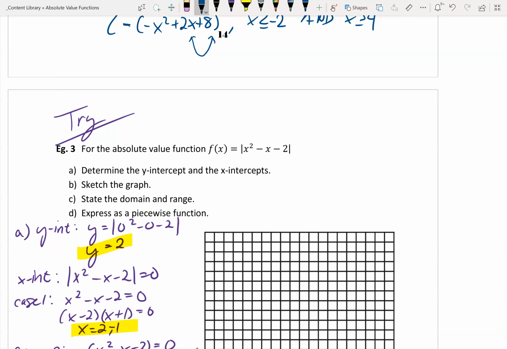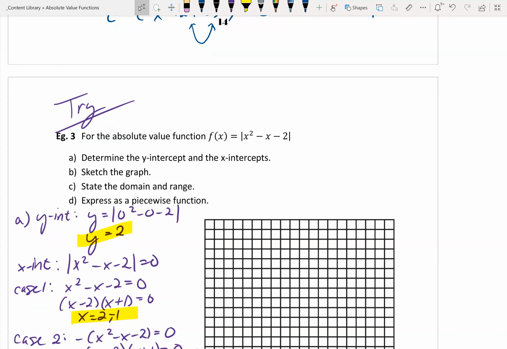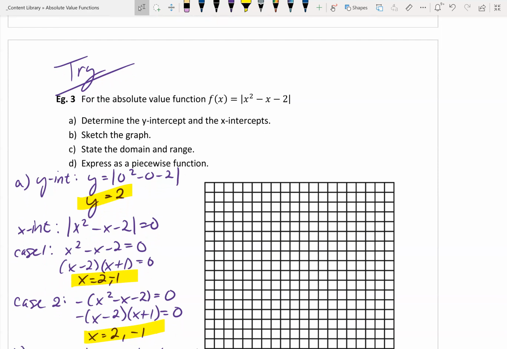Then for our x-intercept, we're going to set x squared minus x minus 2 to 0, and also the second case where we have a negative in the front, we set that to 0 as well. Then we want to factor, and we would find that our x-intercept is 2 and negative 1.